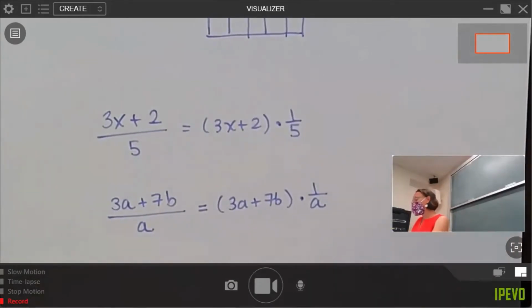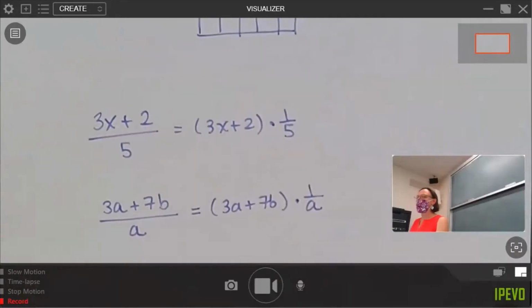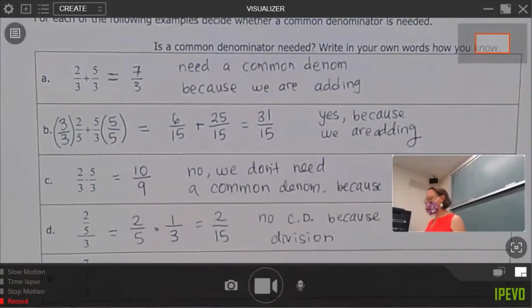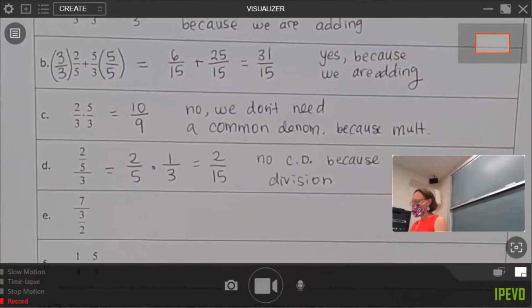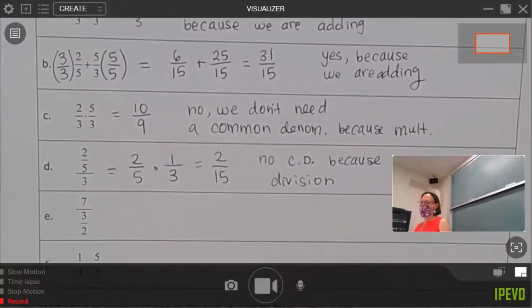So it works if you're dividing by a whole number, but thanks for bringing up what happens if we're dividing by a fraction. If we look at my next one on the worksheet here, now I have a whole number divided by a fraction. It turns out that the same trick does work.